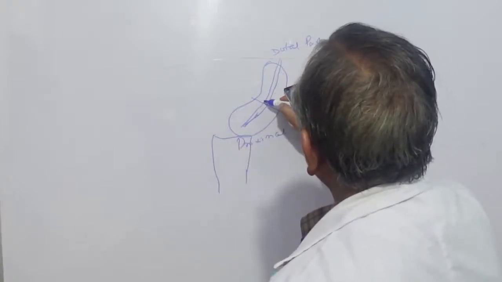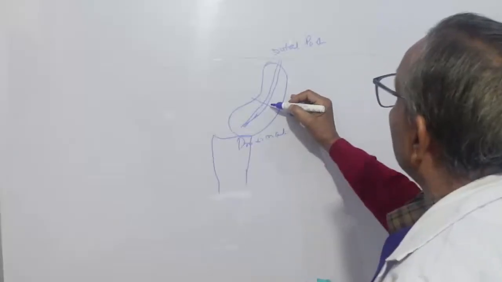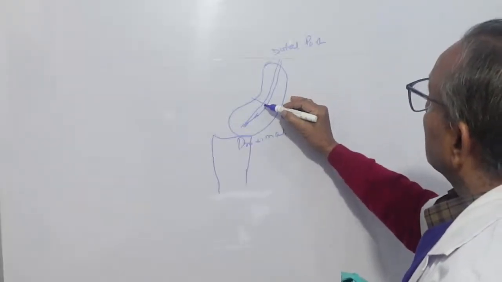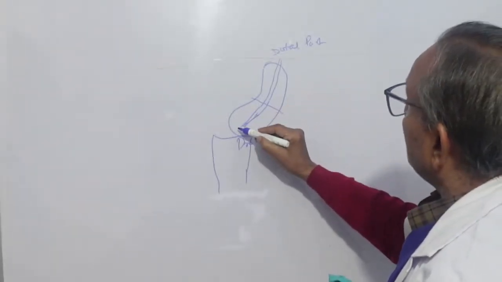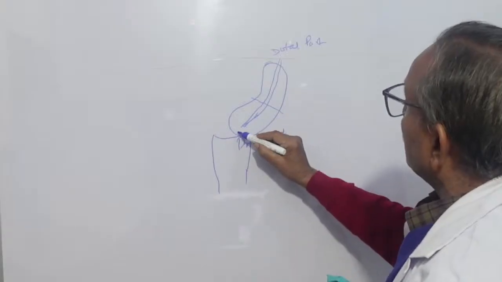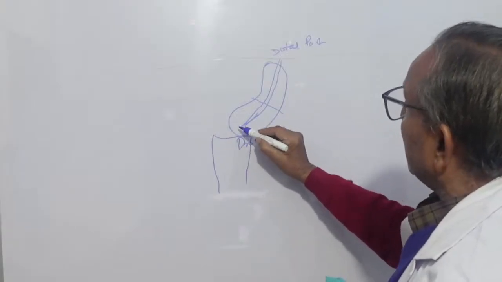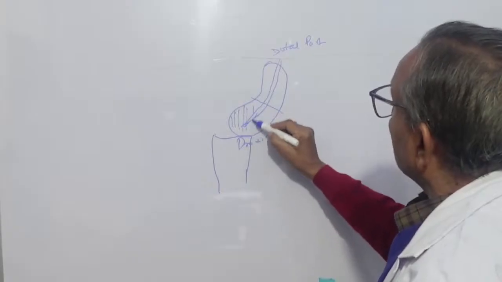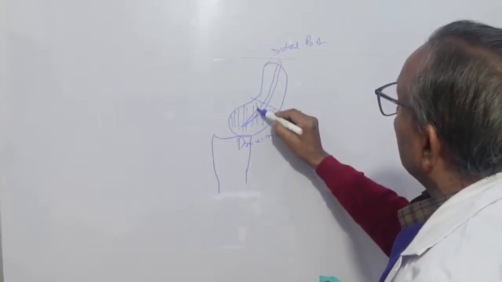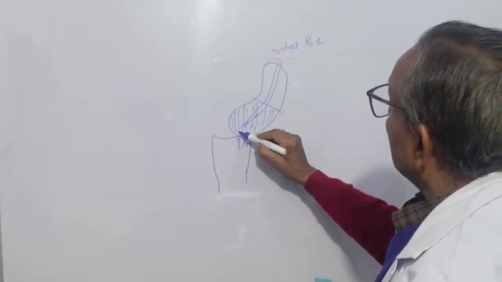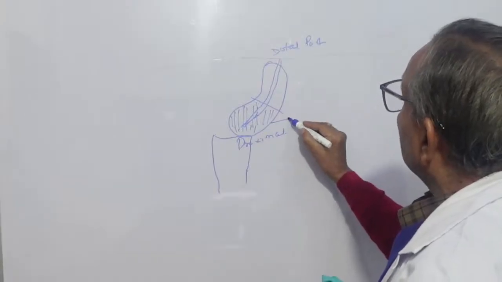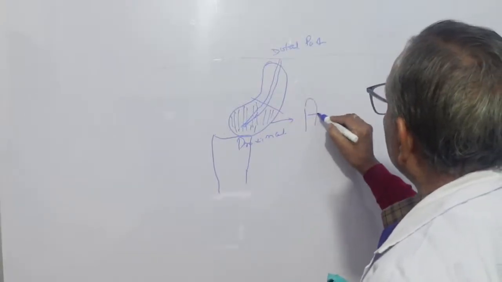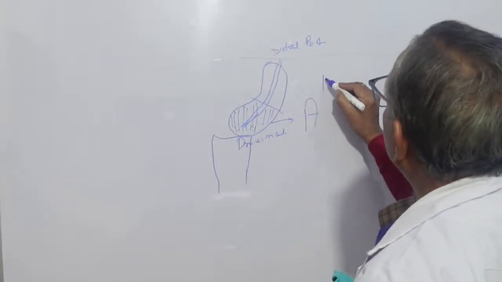Suppose there is a fracture at the waist. What will happen? The circulation of this part will be interrupted. The proximal part which articulates with the radius, the circulation of this part will be disturbed. And when the circulation is disturbed, it may undergo avascular necrosis, that is called AVN.